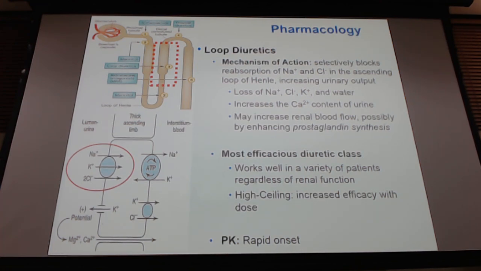Another effect of loop diuretics is that it can also increase renal blood flow, and this is because loop diuretics actually increase prostaglandin synthesis, and prostaglandins can increase vasodilation in the kidneys, and so that's how it's increasing the blood flow.